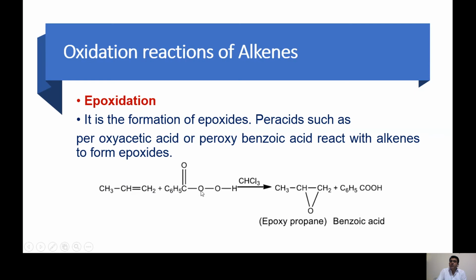So one of the oxygens is lost and the peracid is converted to benzoic acid. This is the oxidation reaction. This addition of oxygen is called oxidation. So alkene can be converted to the epoxide by reacting with peracids or peroxyacids, because these are a source of oxygen, meaning oxidizing agents.